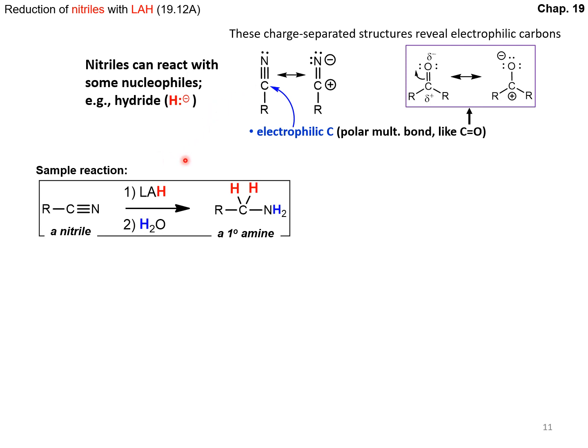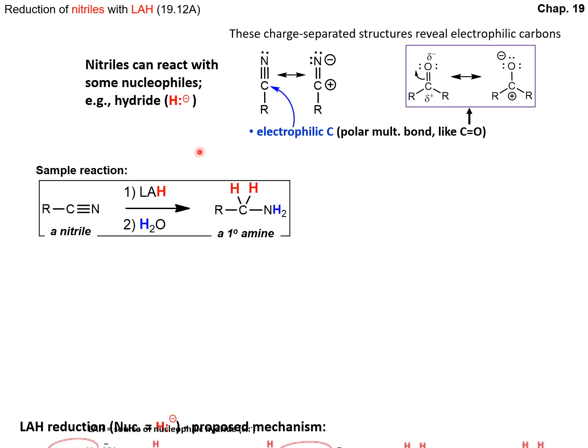Recall that lithium aluminum hydride was a hydride source that can react with functionality in addition to aldehydes and ketones. For example, nitriles can be reduced with lithium aluminum hydride to primary amines, and note that you have two hydrogens from lithium aluminum hydride added to what was once the carbon of the carbon-nitrogen triple bond.